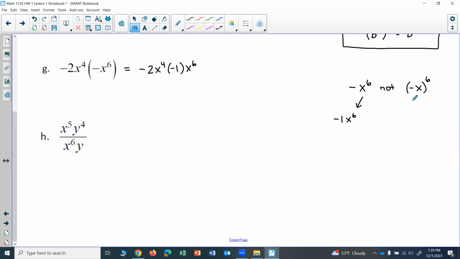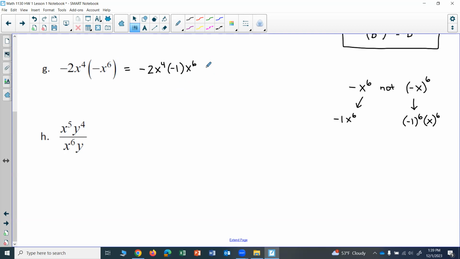Whereas this one, the negative x raised to the 6th power, that would be like a negative 1 to the 6th power and an x to the 6th power. Okay, so we have the one with the negative not being raised to the power.